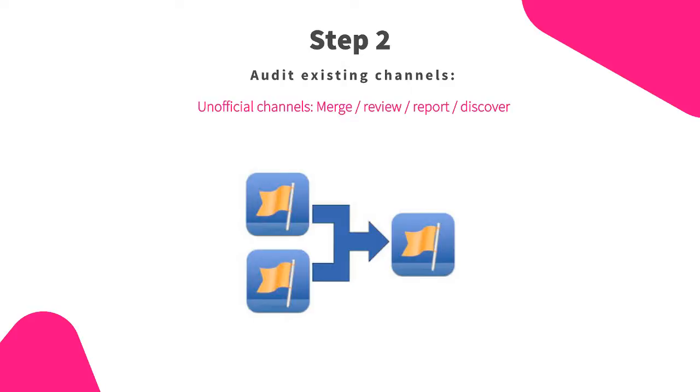The third thing that you might want to have a look at in an audit is unofficial channels. Now, if you're not a location, i.e. you don't have a business address, so say you're purely online, you may not find this, but a lot of location-based businesses tend to end up with unofficial channels that they don't know about. So unofficial channels is effectively where someone comes along and creates a new profile.